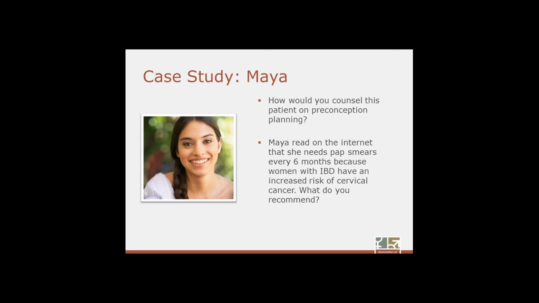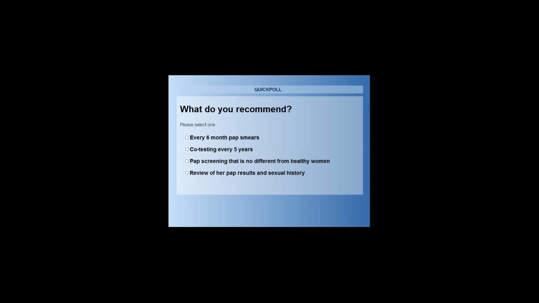Maya read on the internet that she needs pap smears every 6 months because women with IBD have an increased risk of cervical cancer. What would you recommend? Every 6-month pap smears, co-testing every 5 years, pap screening that is no different from healthy women, or review of her pap results and sexual history to guide pap smear frequency.